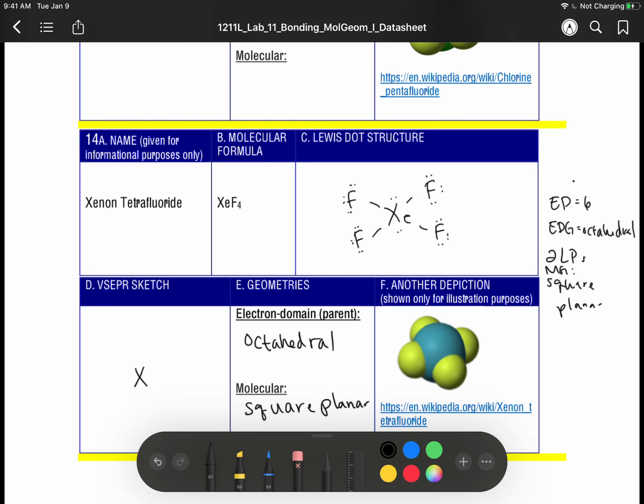So when we're drawing our VSEPR sketch, make sure that we put our electron pairs 180 degrees away from each other, and then the rest of it will be drawn like we've done for the other one.